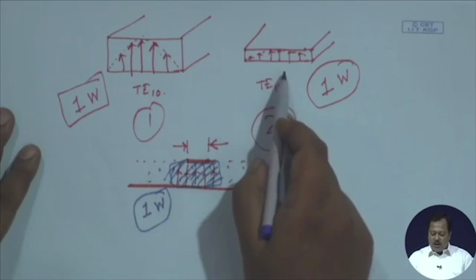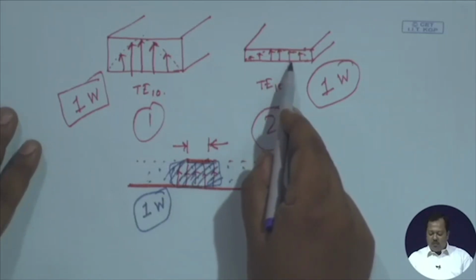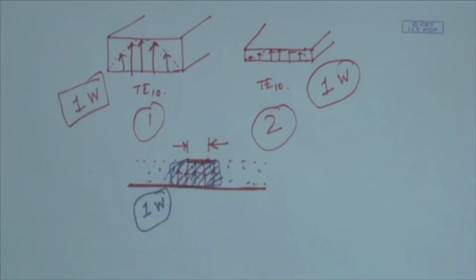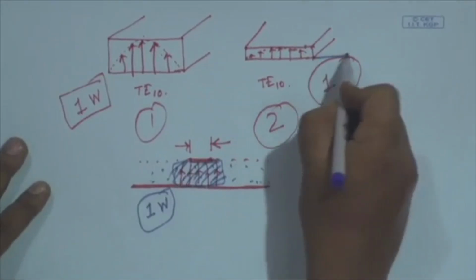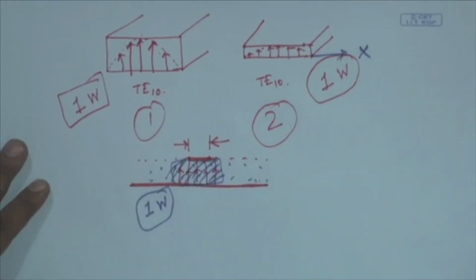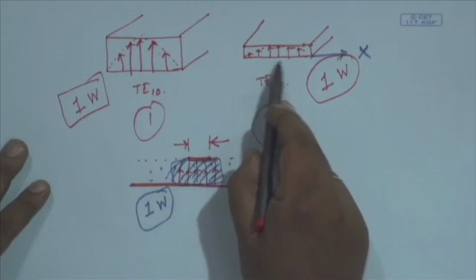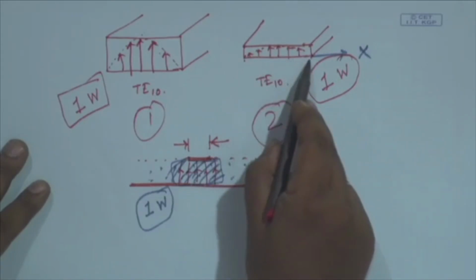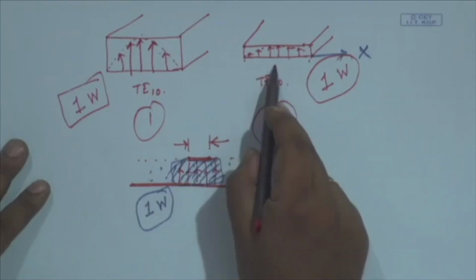So, if I design this rectangular waveguide now, let us say at millimeter wave frequencies, you know that the dimension along x depends on wavelength. For TE10 mode at cutoff frequency, this width is approximately lambda naught by 2.